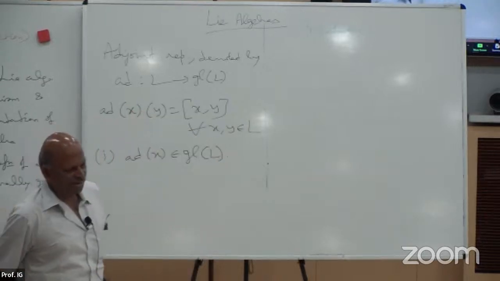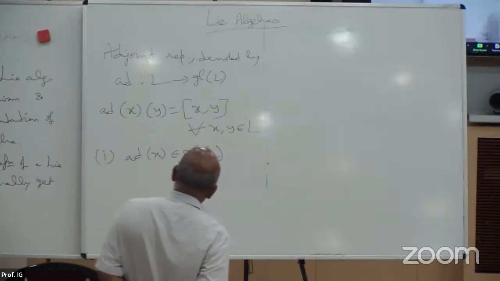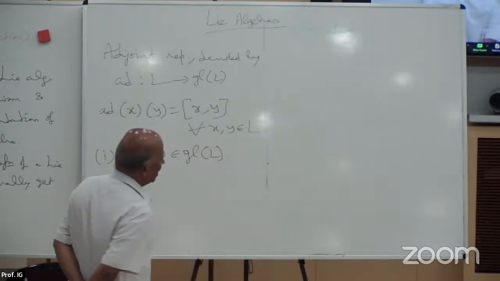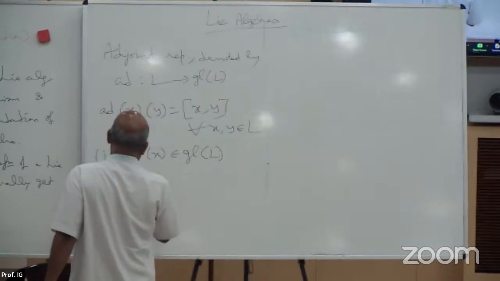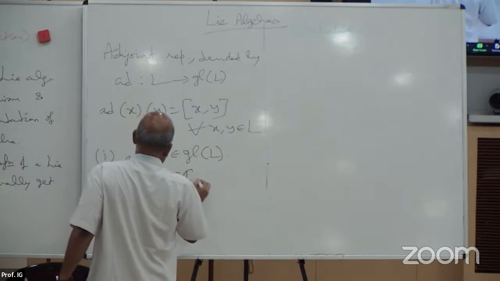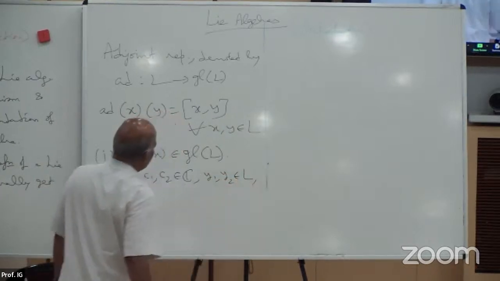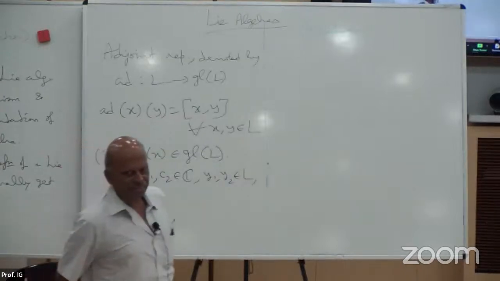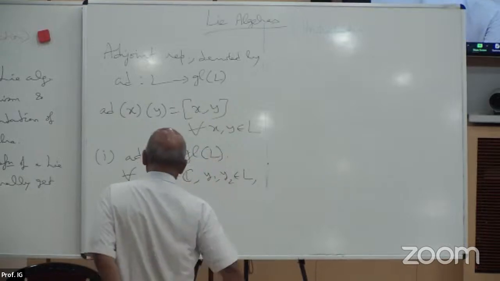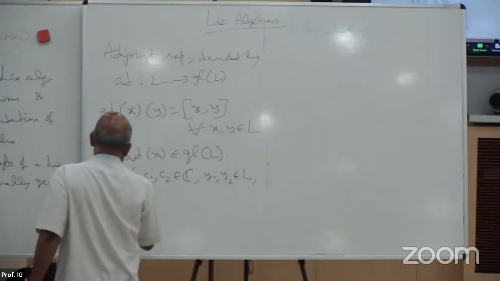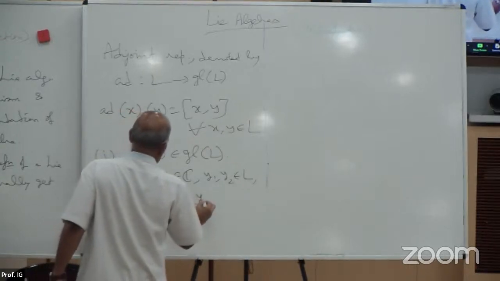First of all, ad x should be an element of GL(L), that is, a linear transformation. This is where the bilinearity is going to come into the picture. For any two scalars c1, c2 in C, and y1, y2 in L, what does this mean? We have to check ad x of c1 y1 plus c2 y2.